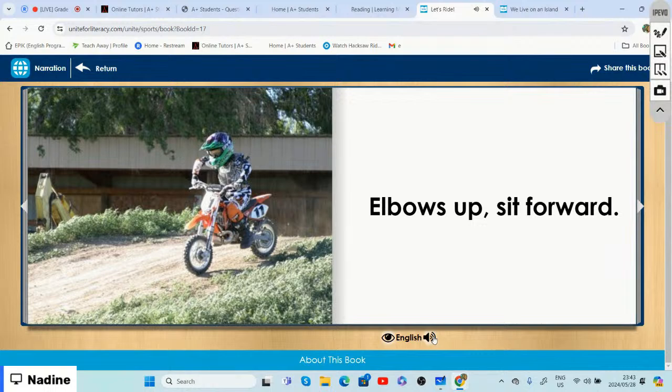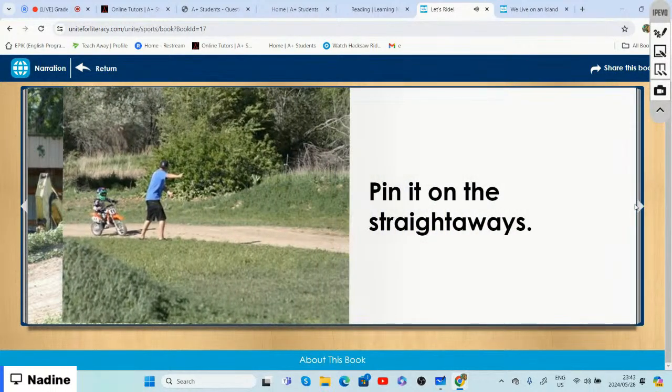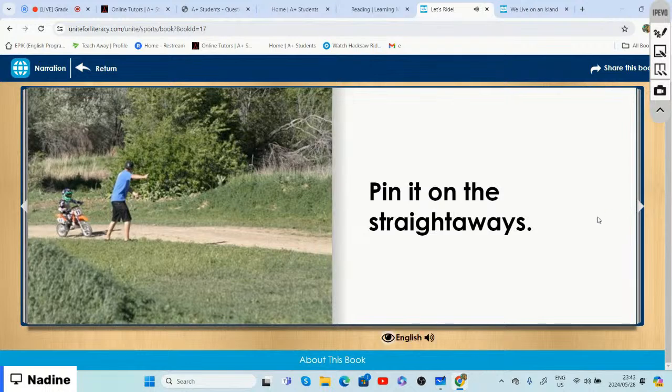Elbows up. Sit forward. Pin it on the straightaways.